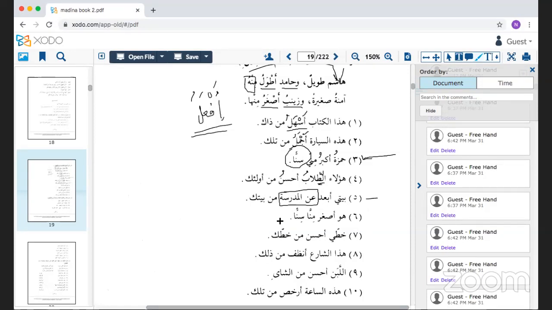You can say, Bayti ba'idun anil matari, for example. Someone says to you, Abaytuka qaribun min al matari. You say, La. Bayti ba'idun anil matari. My house is far from the airport. Al matar. And anil, harf al jar. So you've got the kasra at the end. Anil matari. Al matar means airport.